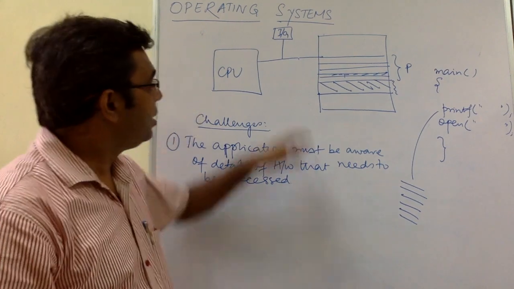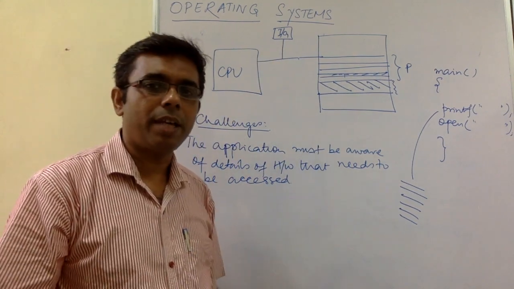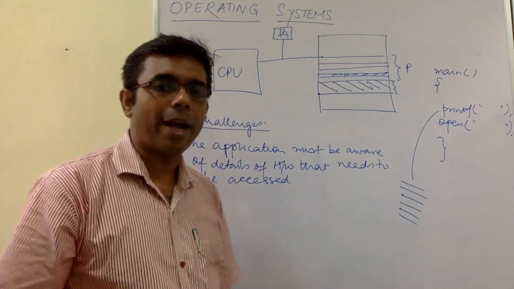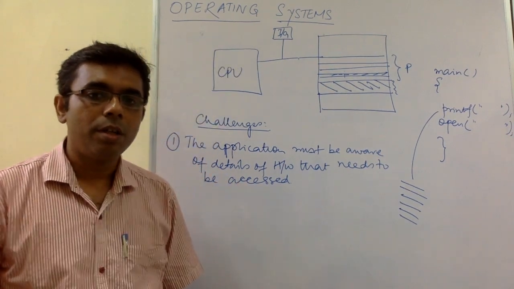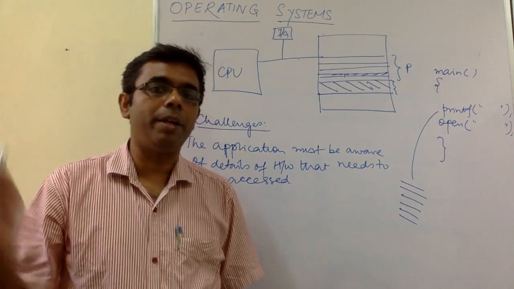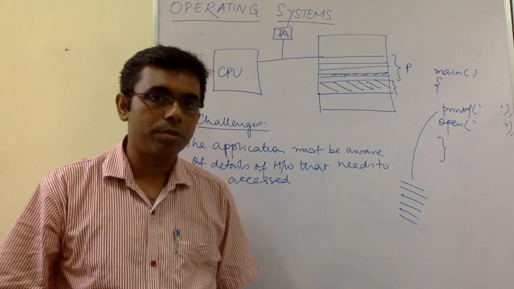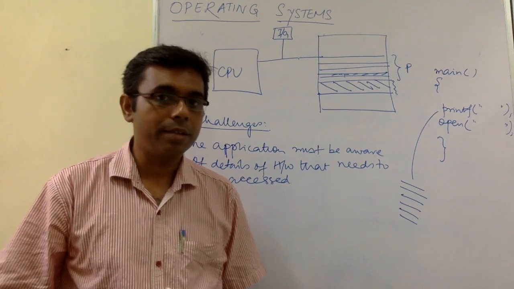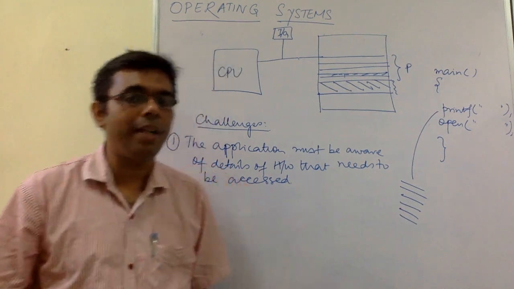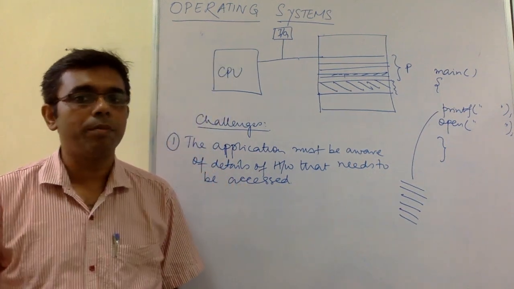Okay? But these devices can be many. There can be n number of devices. So if you would like your program to access multiple devices, the application must be aware of all the programming techniques of all the devices that will be used. And that's very tedious. Tedious for the programmer, because the programmer has to know all the details, only then he can add that particular code.